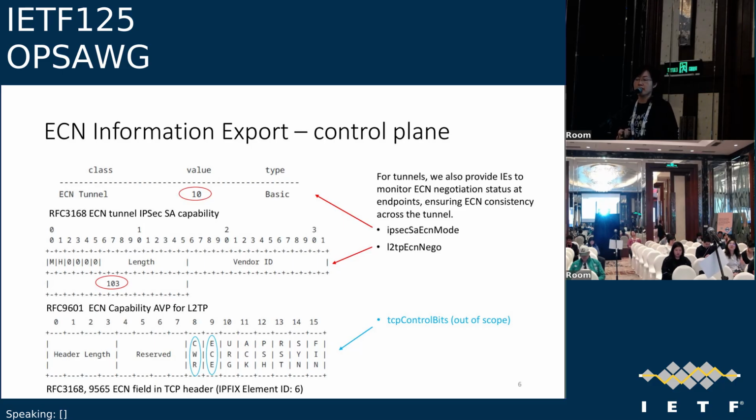And for TCP, because ECN is an end-to-end technology, it needs the TCP sender and receiver to carry the ECN capability, whether the ECN capability is supported or enabled. But this field has already been supported in RFC 9565.